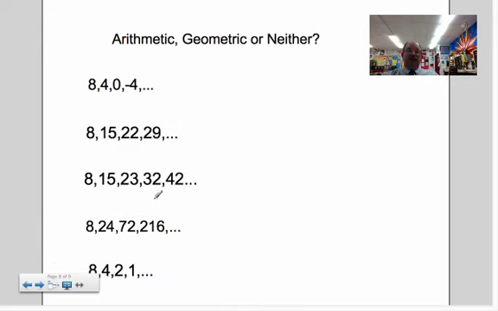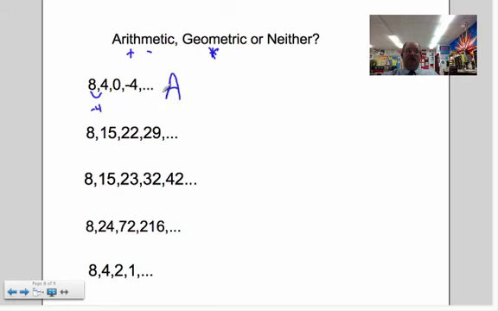So our task is to look at whether it is arithmetic, geometric, or neither. What we're looking for is, arithmetically, do we have a constant plus or minus? For geometric, do we have a constant multiplier? Or do we have nothing going on? The easiest one is probably just to look. Do we have an arithmetic? We're going from 8 to 4 to 0 to negative 4. Looks like we're subtracting 4.